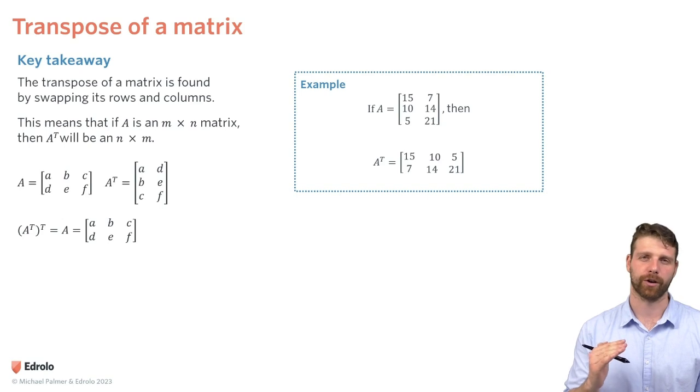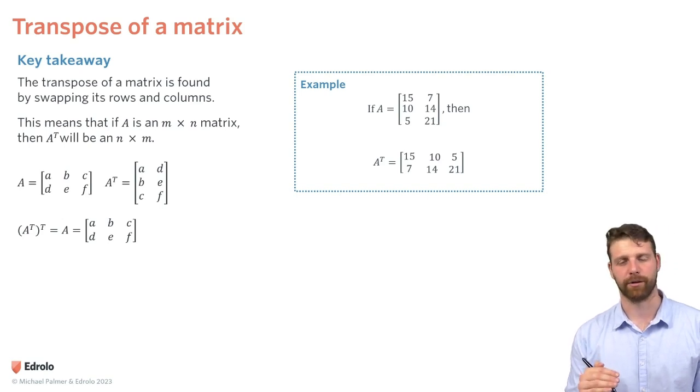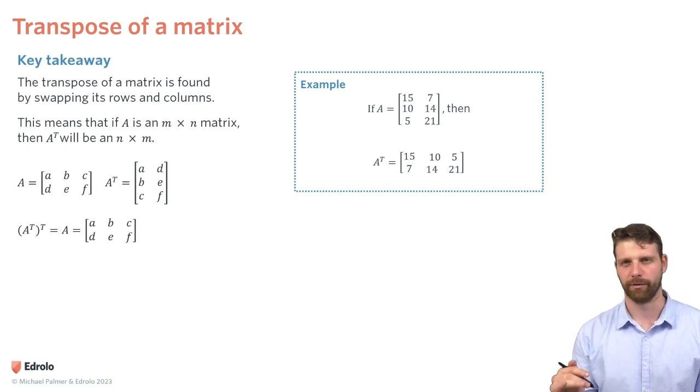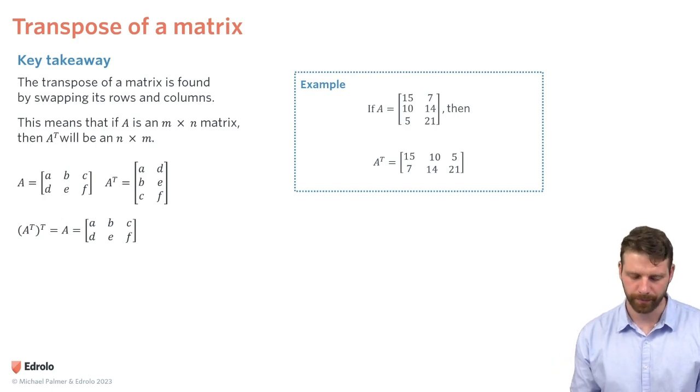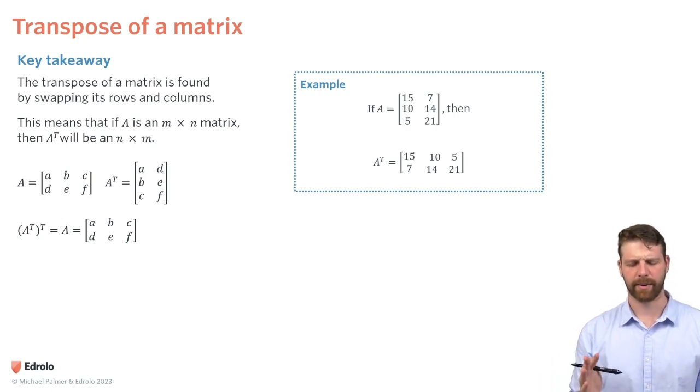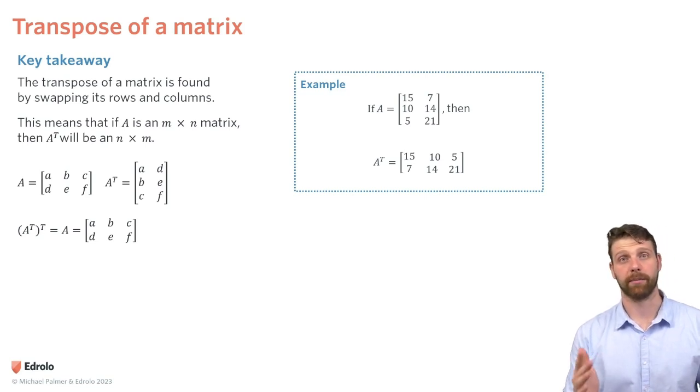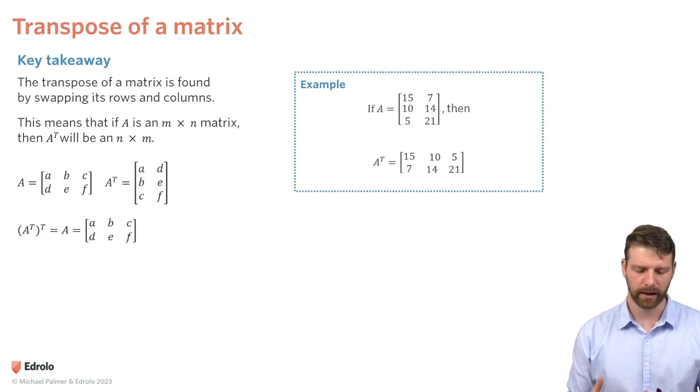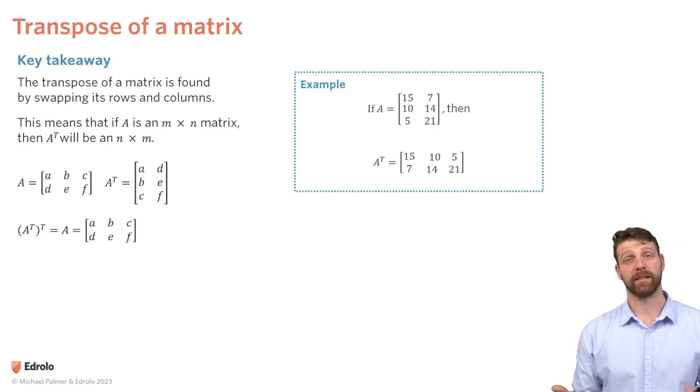So the first row needs to become the first column. The second row needs to become the second column. The third row needs to become the third column, and so on. And it turns out that you can actually think about it the other way around. So the first column needs to become the first row, and the second column needs to become the second row, and so on. And that just works out to be the same thing with matrices because they're rectangles.